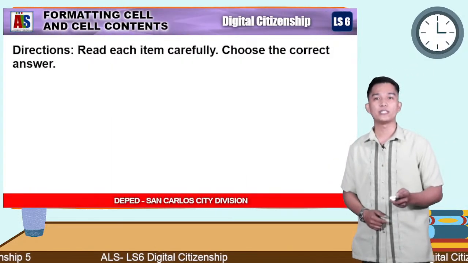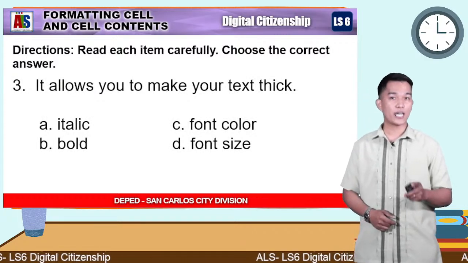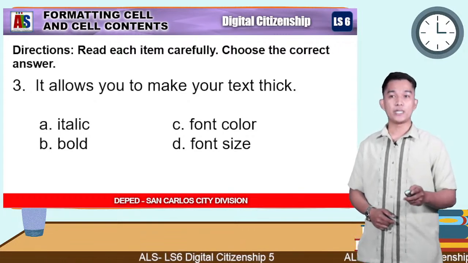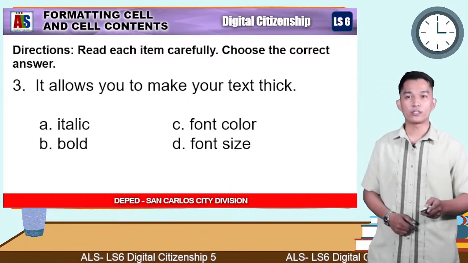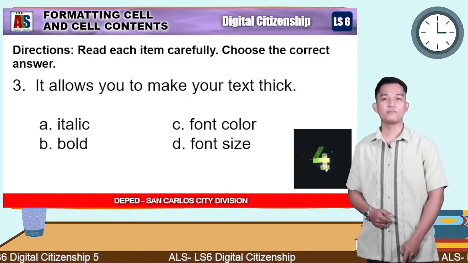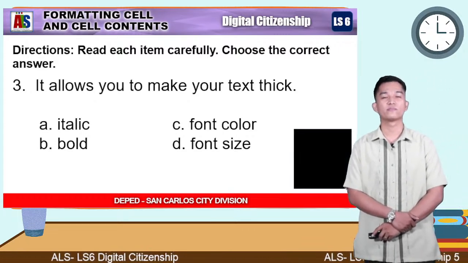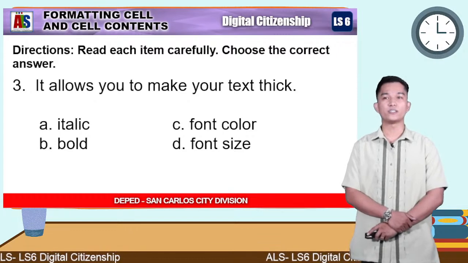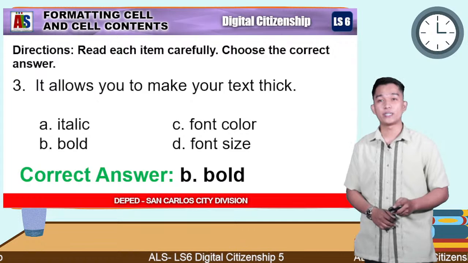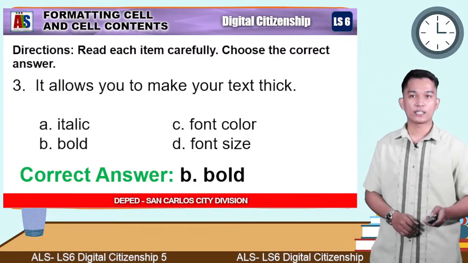So number 3. It allows you to make your text thick. A, italic, B, bold, C, font color, or letter D, font size? The correct answer is letter B, bold. So bold makes your text thicker.